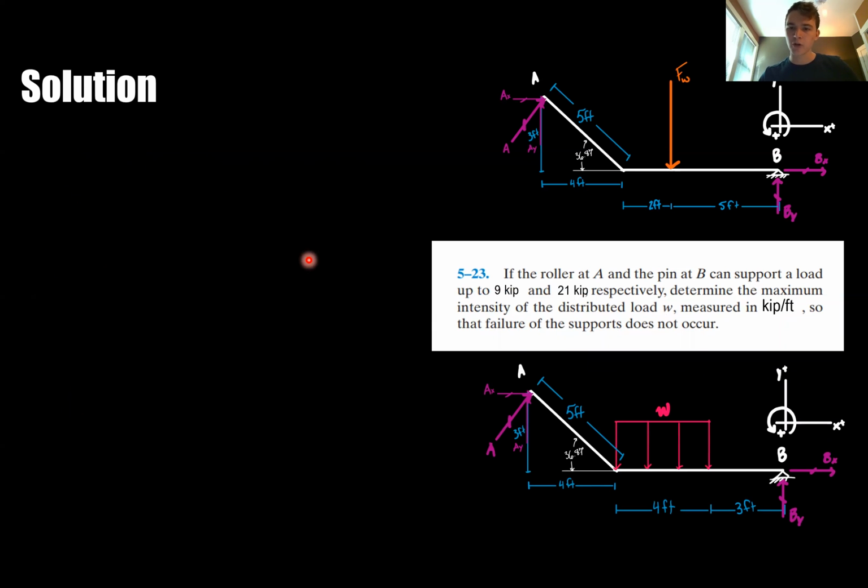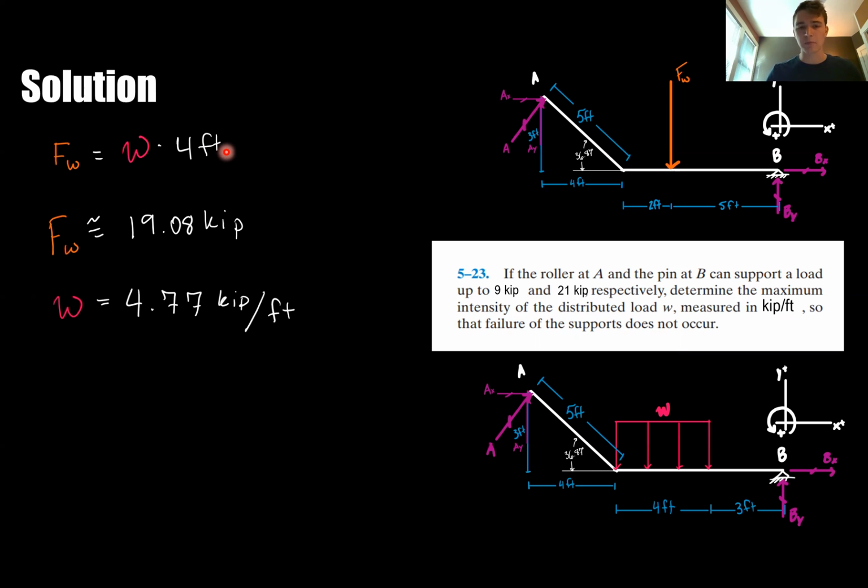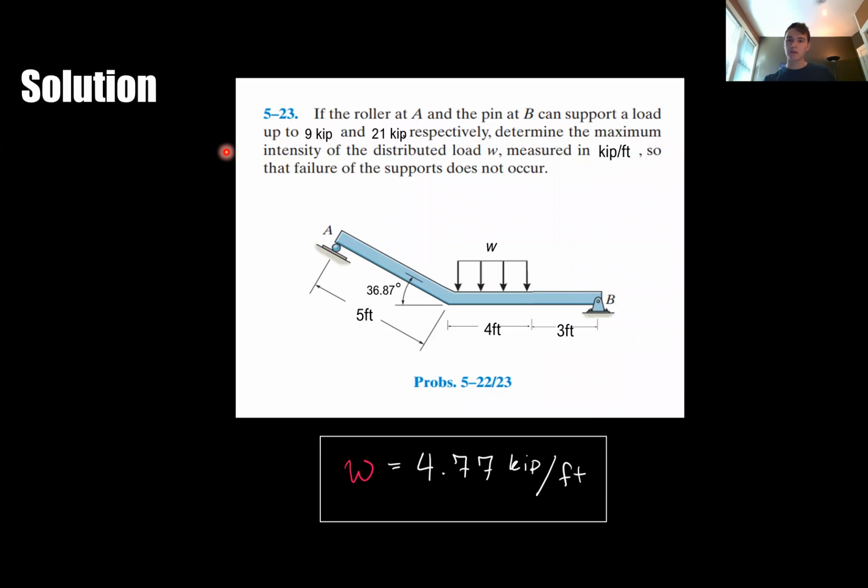So here we're going to go back to the distributed load because that's what the question calls for. We have our equation that we remembered. FW is equal to the distributed load times 4 feet. We have FW here, and we divide that by 4 feet. So W is equal to 4.77 kips per foot. And that's our answer here. So that's what the question asks for.